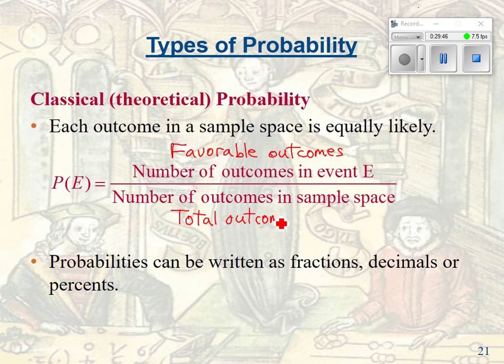Favorable outcomes, total outcomes. When I say favorable outcomes, it's sort of not a good word to use, because favorable outcome means something that you want to happen. It might just not be what you want to happen. It might be something that you're just looking at to happen.